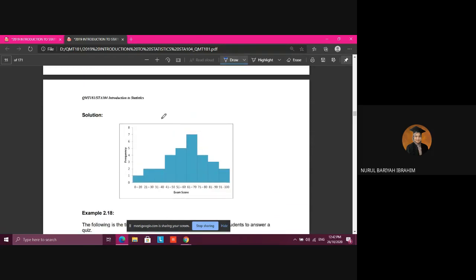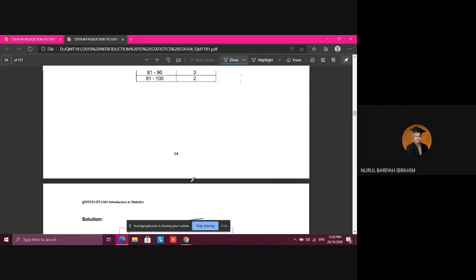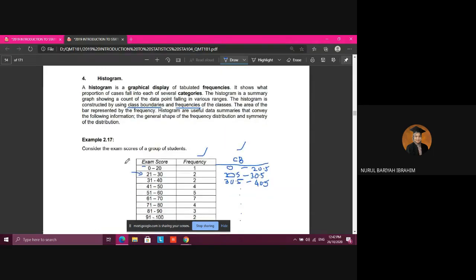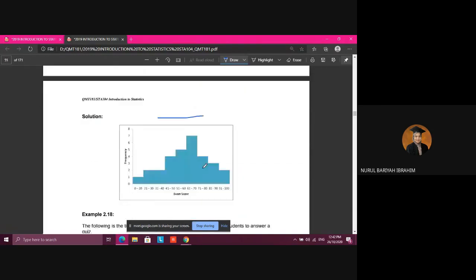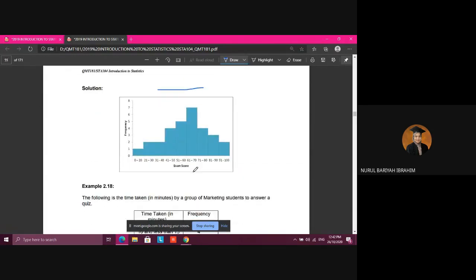Okay, as usual, nak buat graph, kena ada title. So, you can put the title of histogram ataupun distribution of apa tadi dia? Exam scores. Okay.